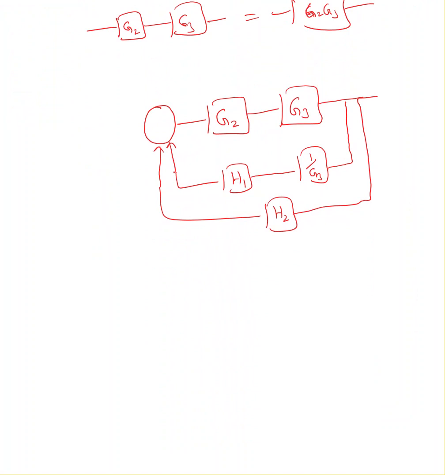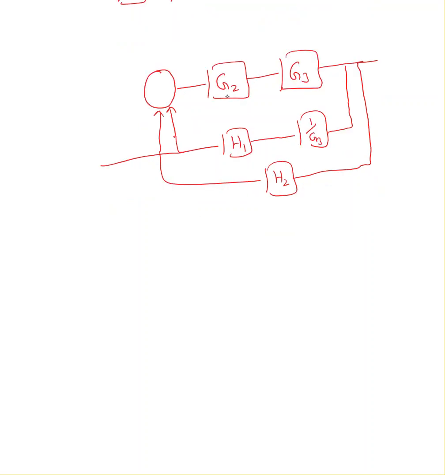Now I can easily multiply Z2 and Z3. This H1 is going to the next block. I'm going to move H2 toward the input and this one toward the output. When I simplify, Z2 and Z3 are in series, so I can multiply them and end up with Z2 Z3.